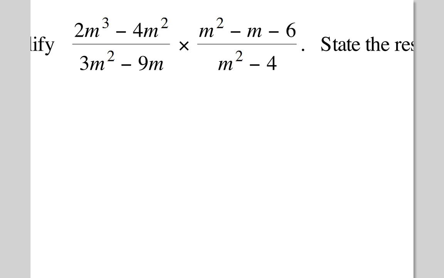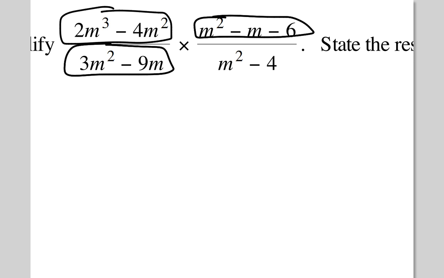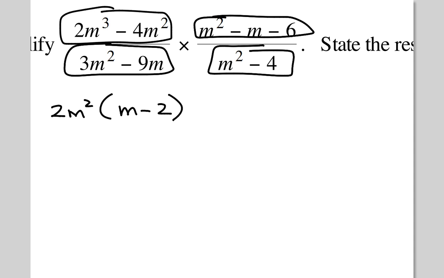Okay. So let's take a look at this. We have expression, expression, another expression, and another expression. What are we going to do with all 4 of those expressions? You're going to factor, right? First one, you could take out a 2m squared and you get m minus 2, all over. Take out a 3m and you get m minus 3.